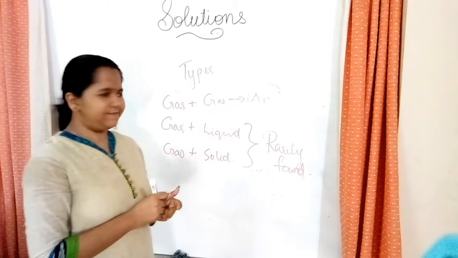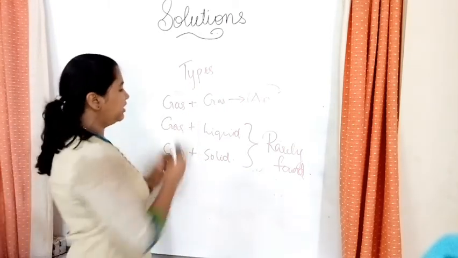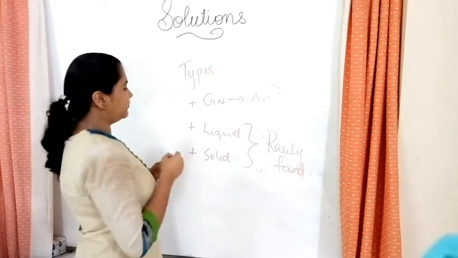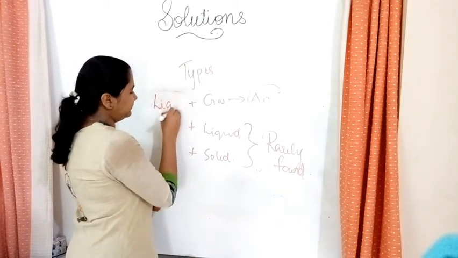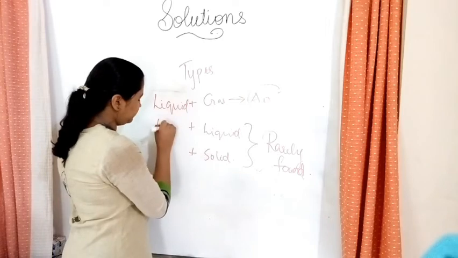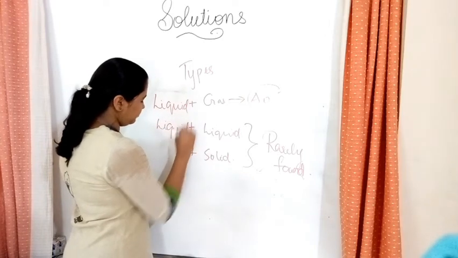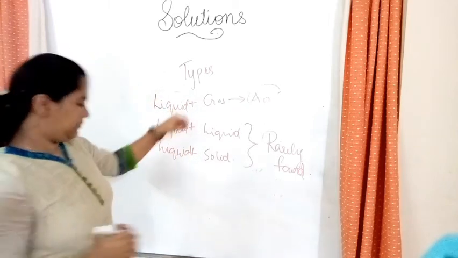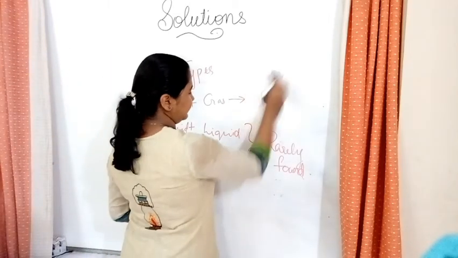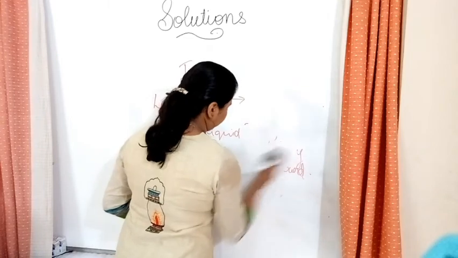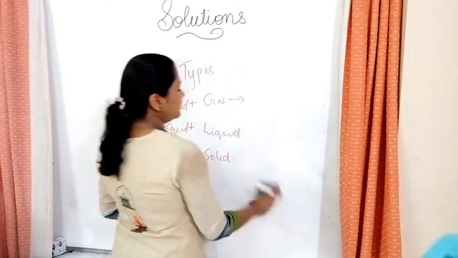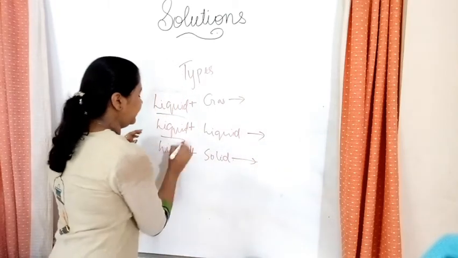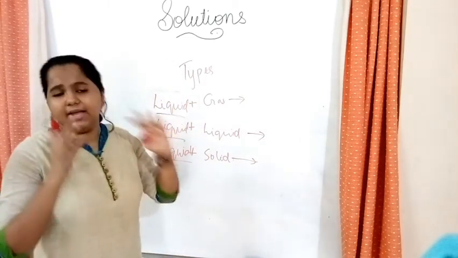We finish gases, and then we'll discuss liquids and then go to solids. So next one is liquid. Liquid plus gas. Here our solvent is liquid, and some gases are mixed in a liquid.